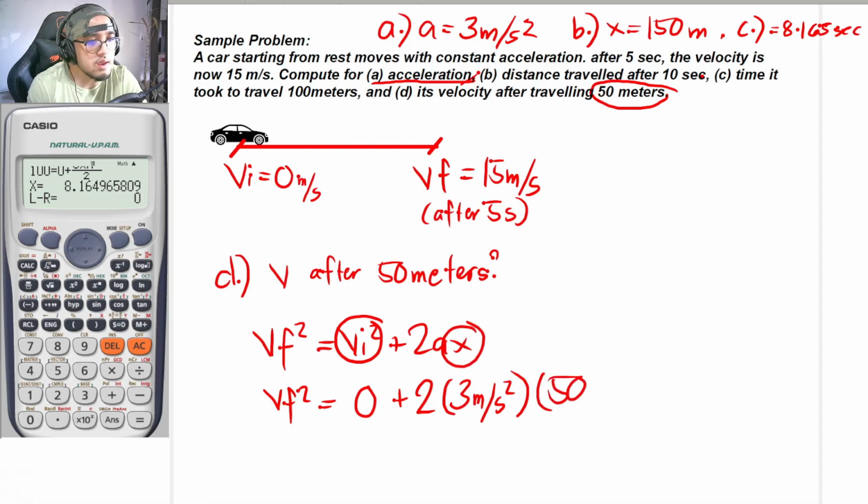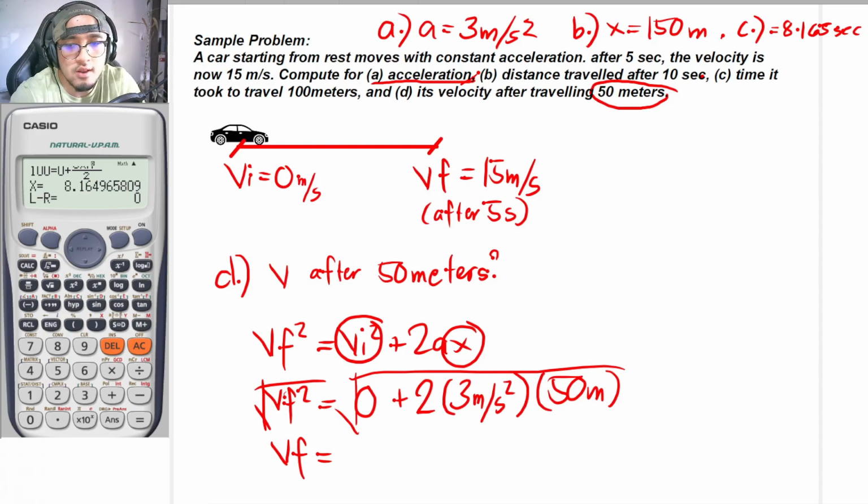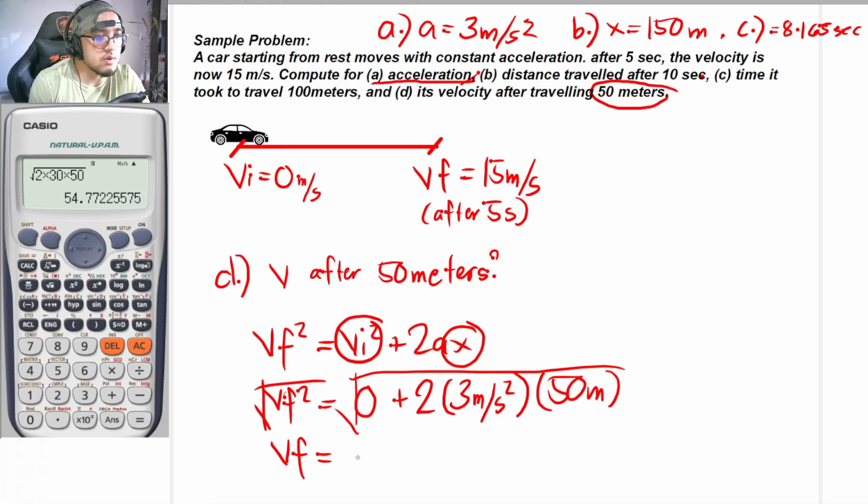So our VF is now equal to, just get the square root of both sides of the equation to get rid of the exponent 2. Looking at the calculator to your left, 2 times 3 times 50, our answer here is 54.77.